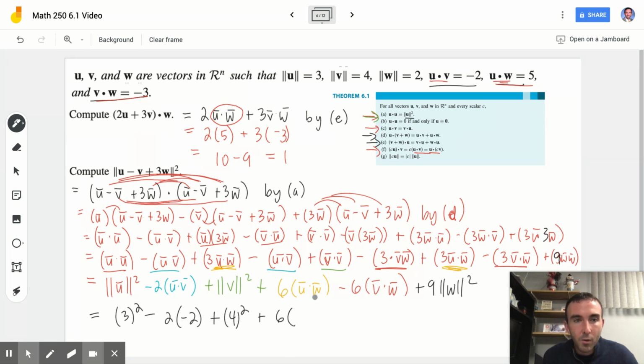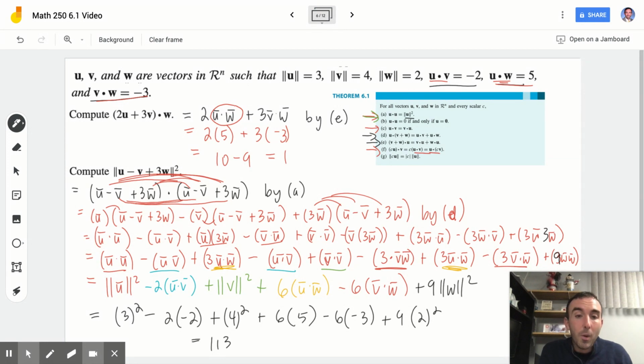The dot product of U and W is 5. The dot product of V and W is negative 3. And then the norm of W squared is 2 squared. So I can replace that there. And then if you add these all up, you should get a grand total of 113.